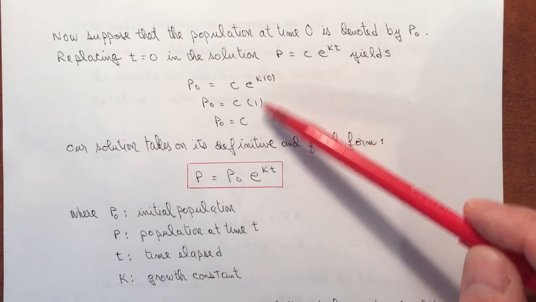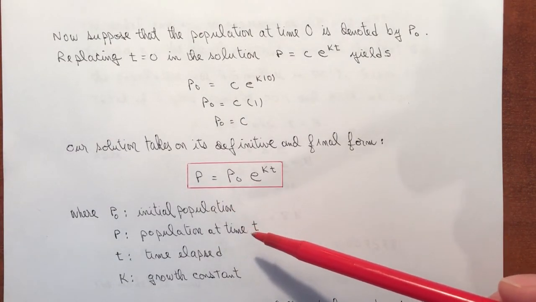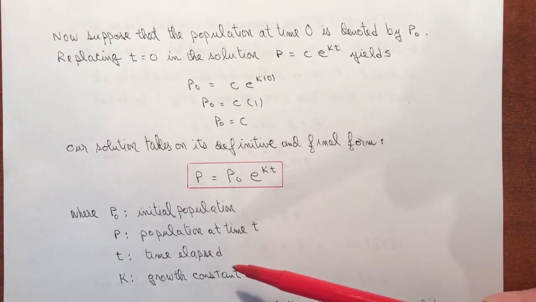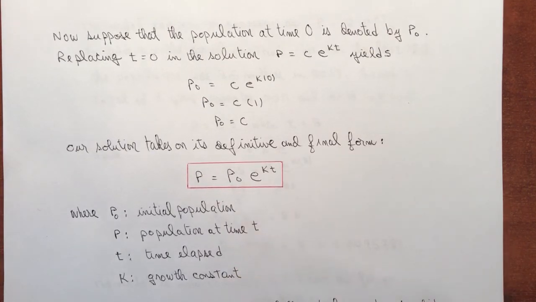And since e to the 0 is 1, c is p0, which gives us the final form of the solution to this differential equation, p is equal to p0 e to the kt, where p0 is the initial population, p is the population at time t, t is the time elapsed, and the growth constant is k.